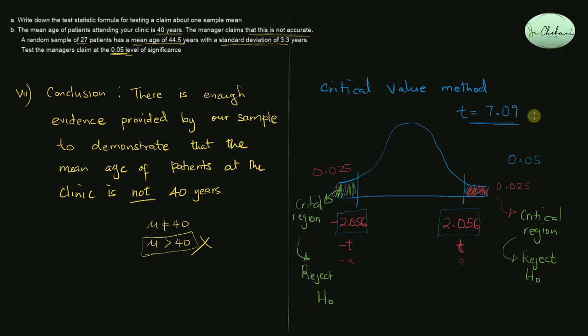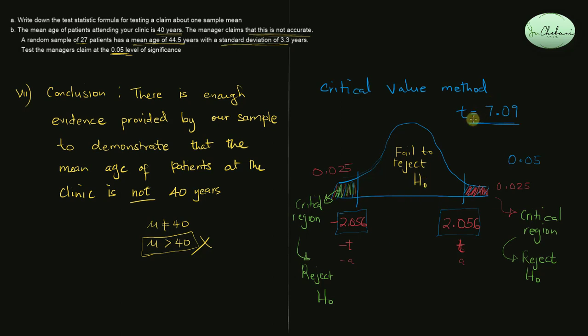So you can see that if our calculated t value were, say, 7.09, it would not be in this region. This region here is called the acceptance region, where we fail to reject or accept, although we never say accept, we fail to reject the null hypothesis.